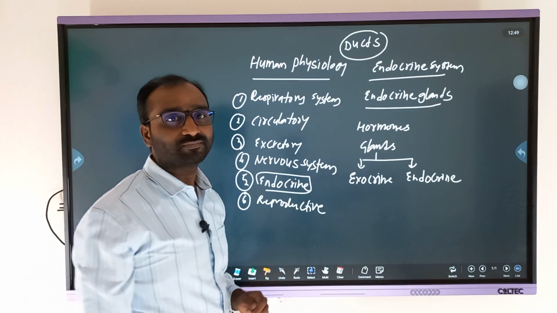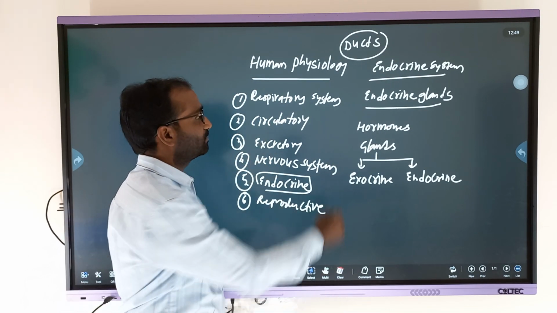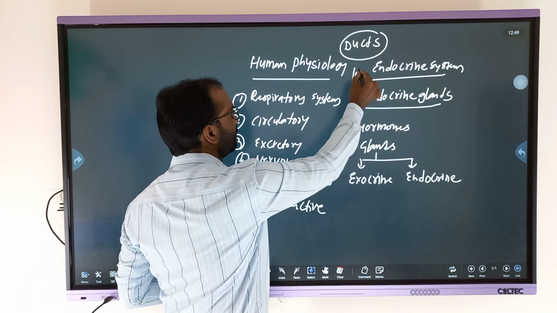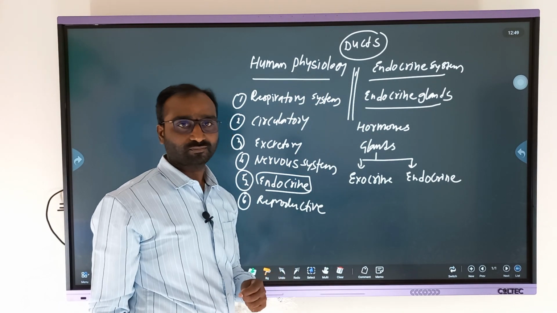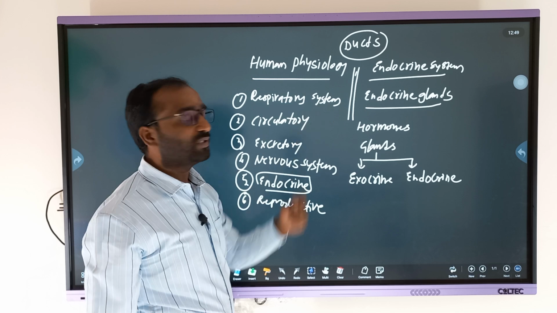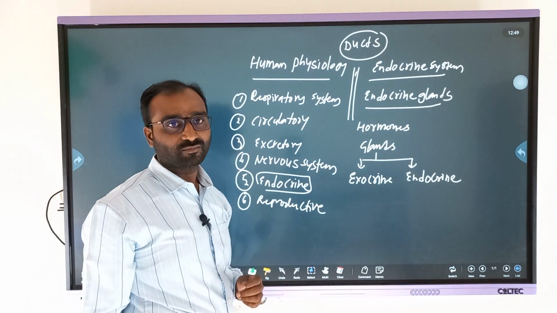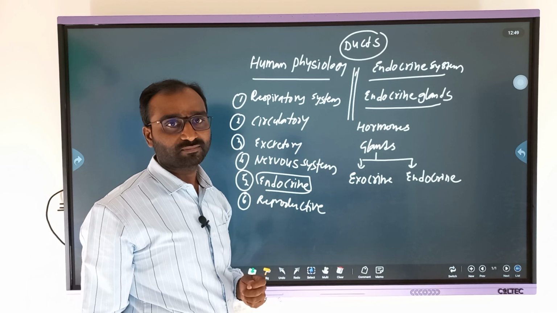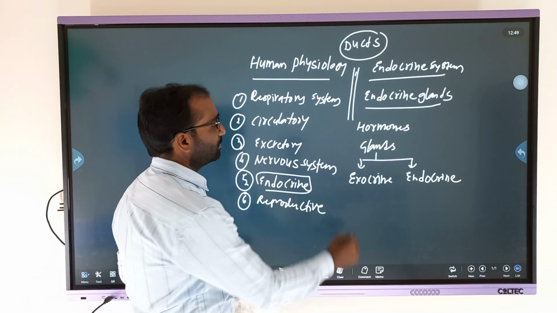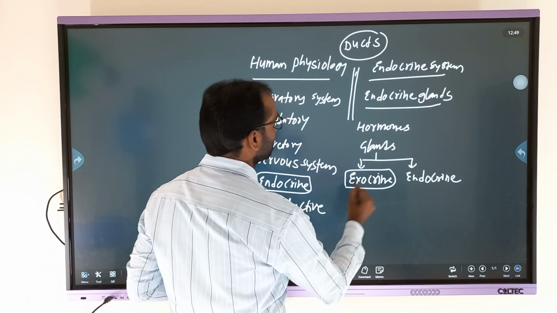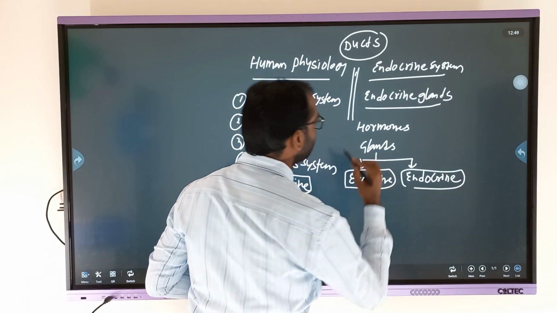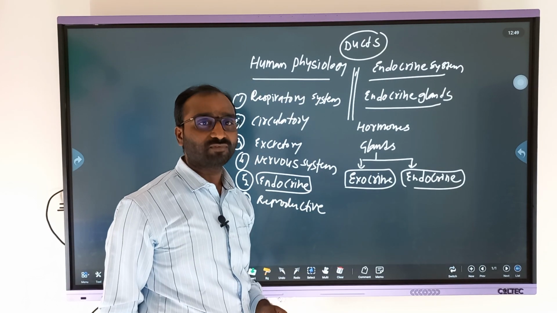Duct is a tubular structure. This tubular structure helps to pass the particular secretions. So these glands are categorized based on presence and absence of ducts.